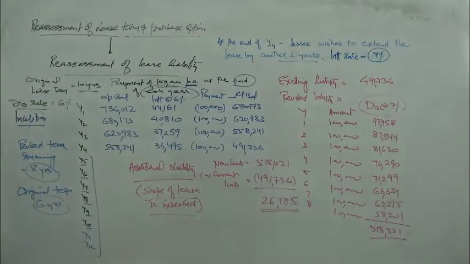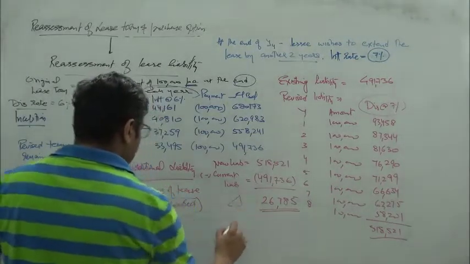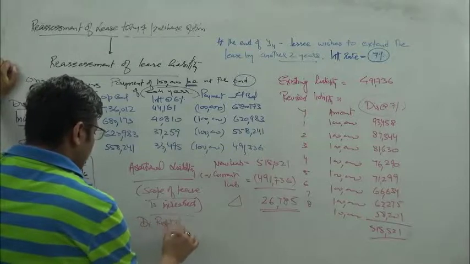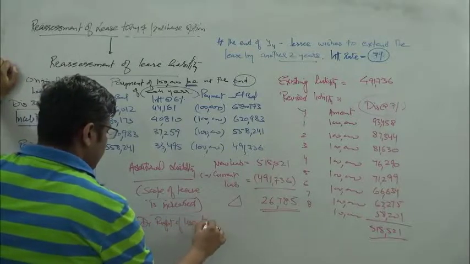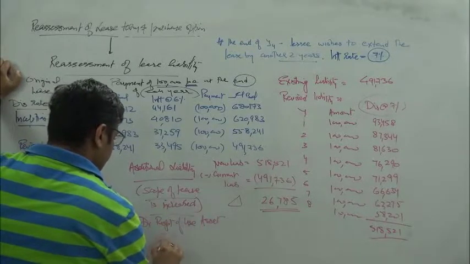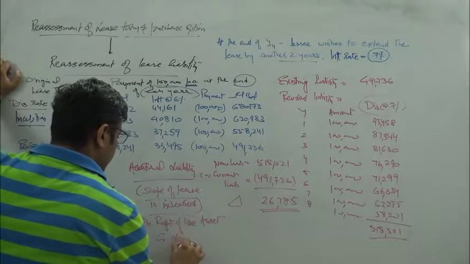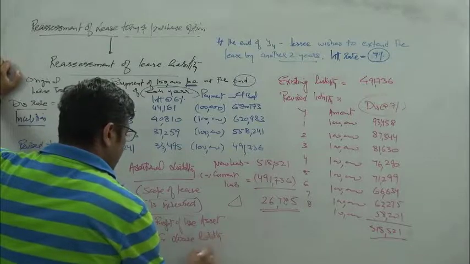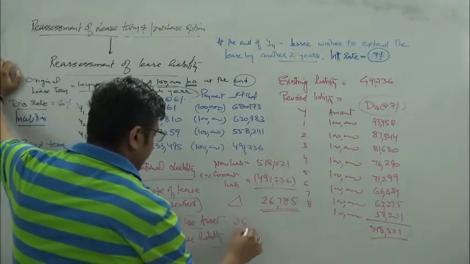So this differential, this delta, is accounted for as an increase in my right of use asset and a corresponding, of course, increase also into my lease liability.